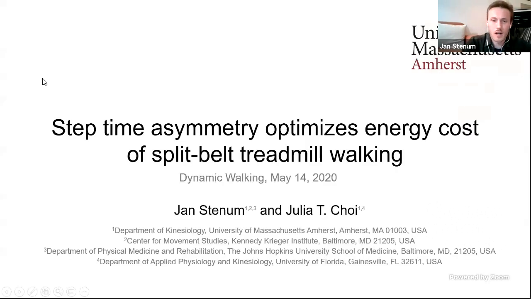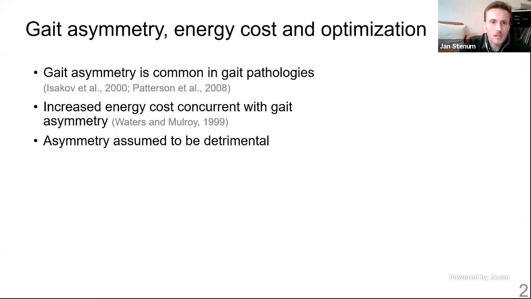All right, so this study or project really began with an interest in the relationships between gait asymmetry, energy cost, and energy optimization. So we know that gait asymmetry is common in certain gait pathologies like hemiparetic or amputee gait. And it's also true that these have increased energy cost compared with the gait of healthy adults.